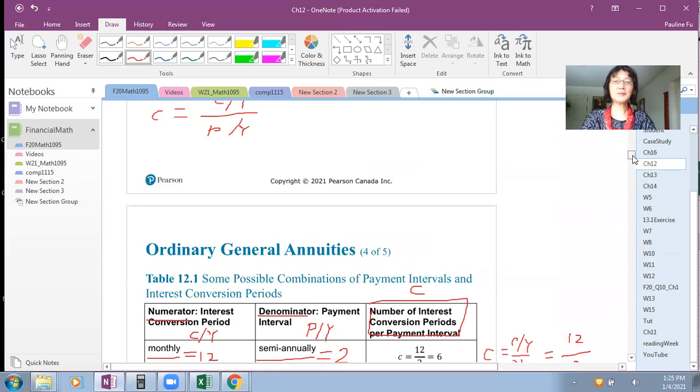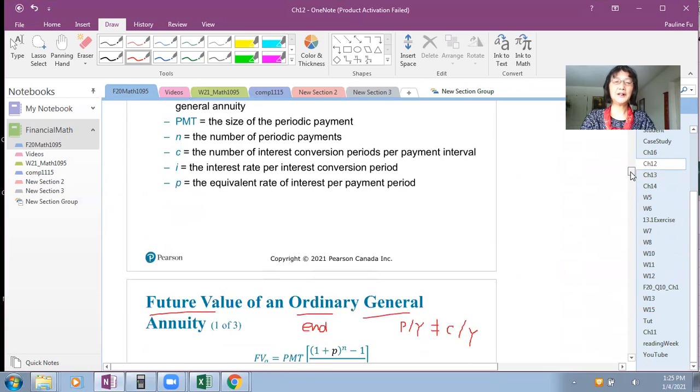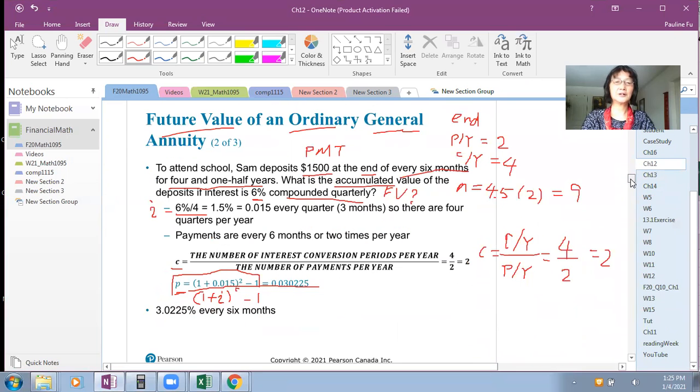All right, in summary, in this lecture we introduced some basic concepts about ordinary general annuities. Ordinary means payment is made at the end. General means the number of payments per year, PY, is not equal to the number of interest conversion periods per year, CY.